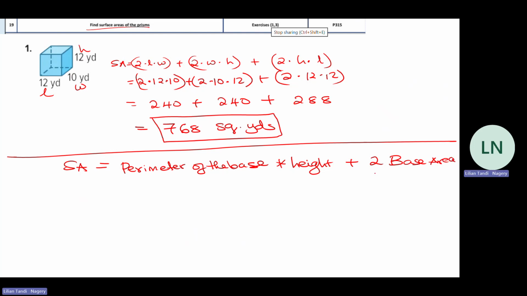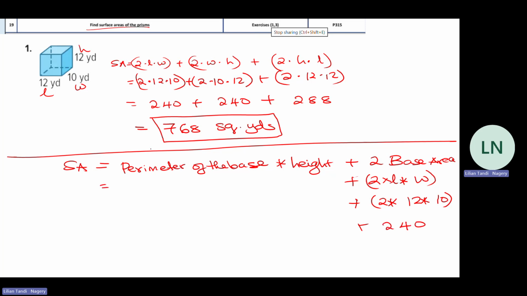Okay, so your two base areas means your two length times width. That's what this means, your two base areas. And what is the length? Sorry, this should be plus. This is 2 times 12 times 10, okay? This will be 24, this will be 240, okay?